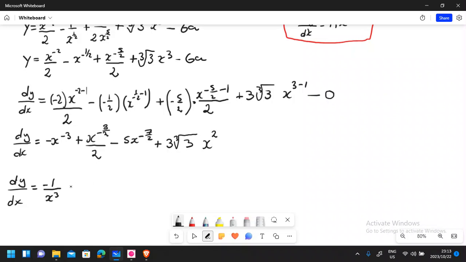So let's look at the second term. So we have plus here, we have plus there. If we decide to take that x to the power of -3/2 to the denominator, we're going to be left with 1 here in the numerator, and then we have 2 here.